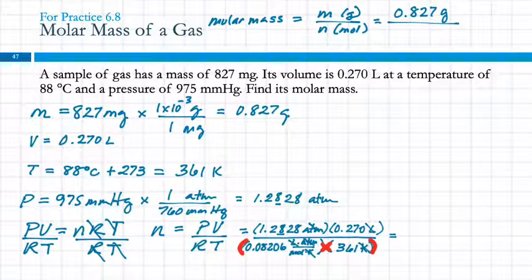So get your calculator out and make sure that you can get the same answer. Because it's great to be able to write the formula out, but if you can't make your calculator give you the right answer, you still get it wrong.